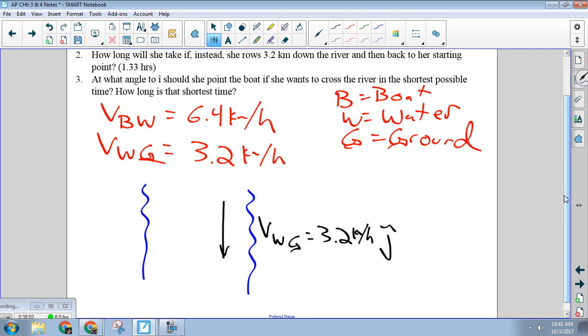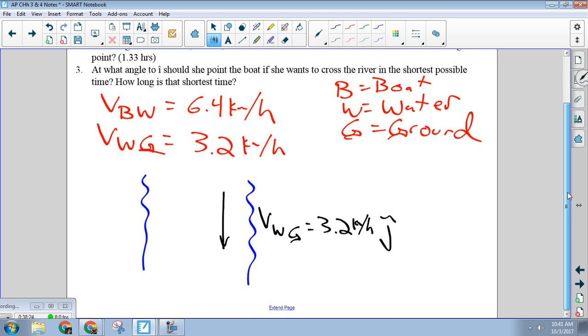No, she's gonna end up down here, right? So in this problem, she's doing something so she does end up going straight across the river, right? So what I know is that the velocity of the boat relative to the ground has got to be this way. Follow? Yeah. So let's see if we can figure out how all these things fit together.